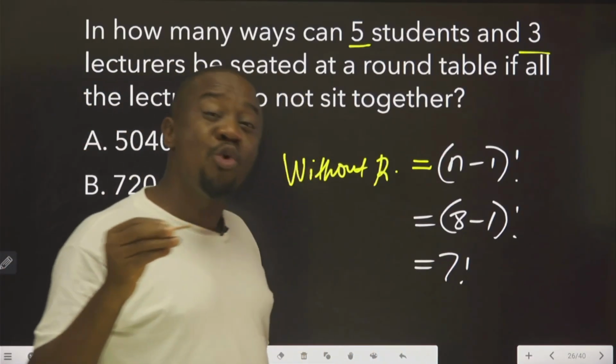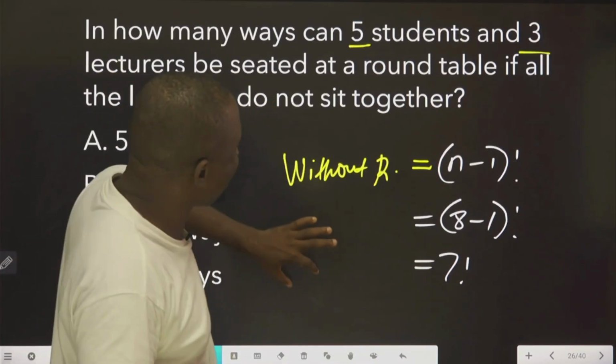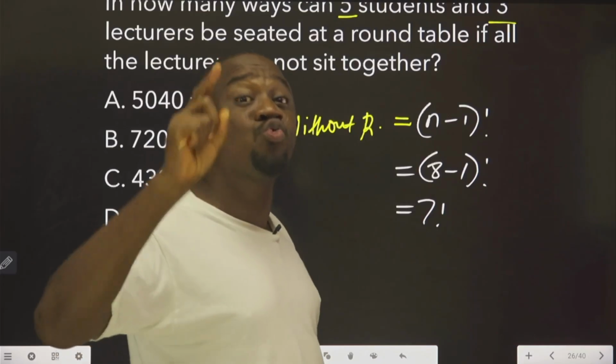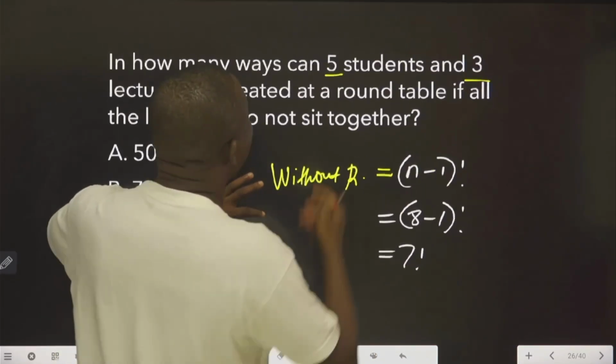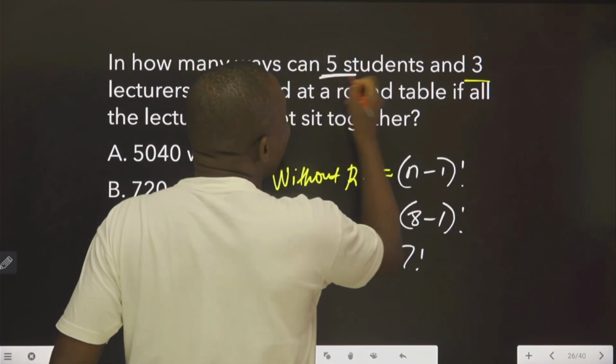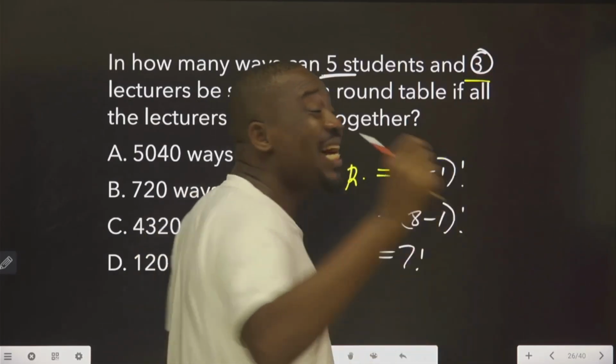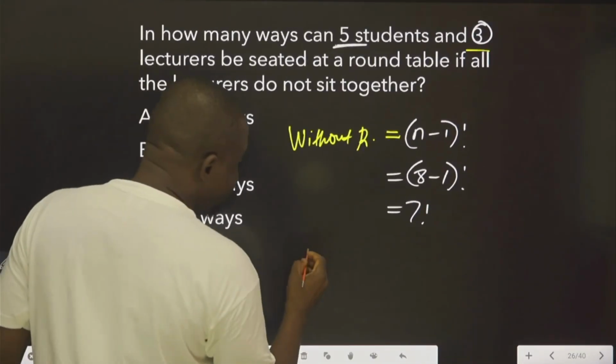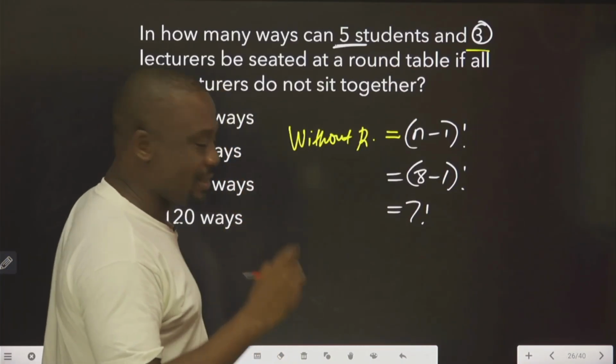If the lecturers must always sit together, we are going to consider them as one entity. So the 5 students and the lecturers as one entity, that is 5 plus 1, which is 6.